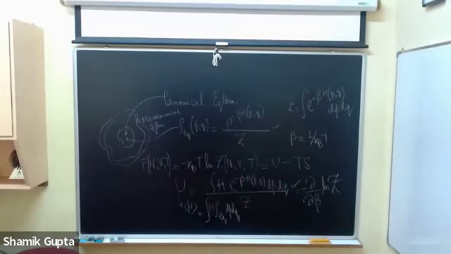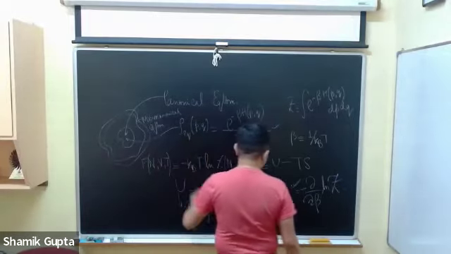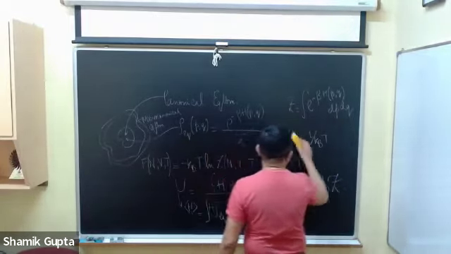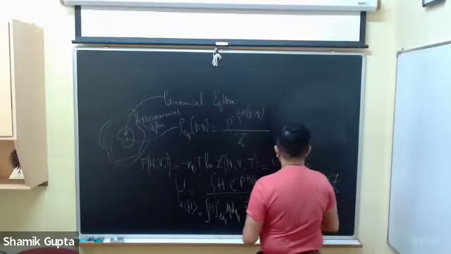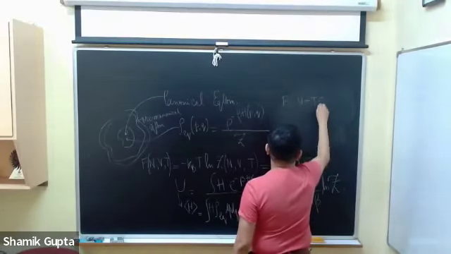The next thing is to ask for the energy fluctuation. Okay, so how do you get the entropy? F is equal to U minus TS.